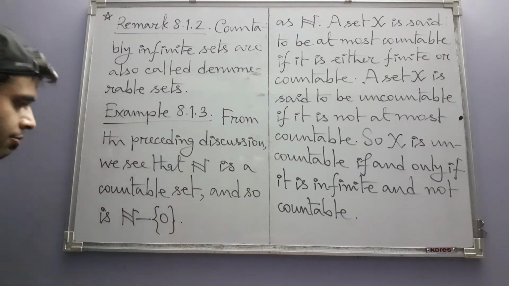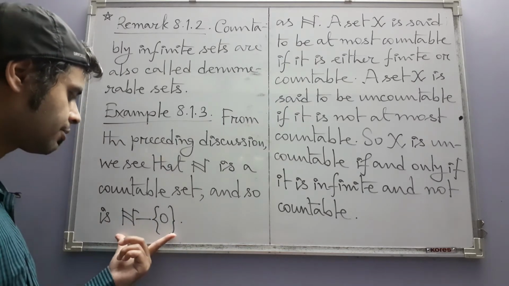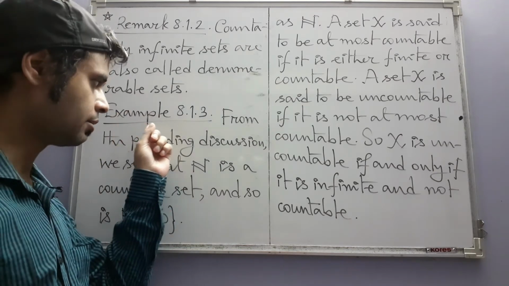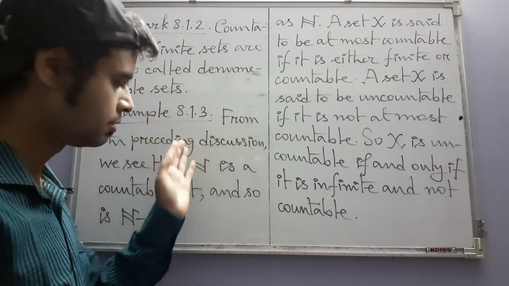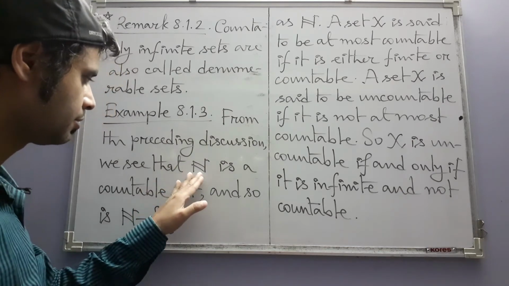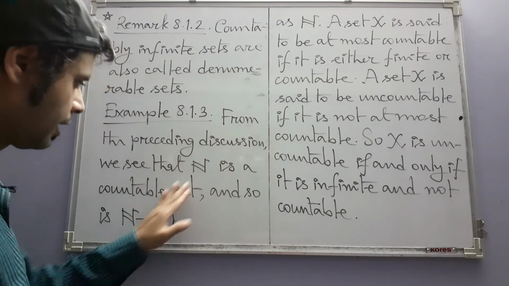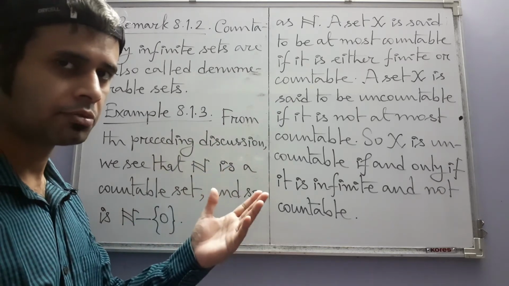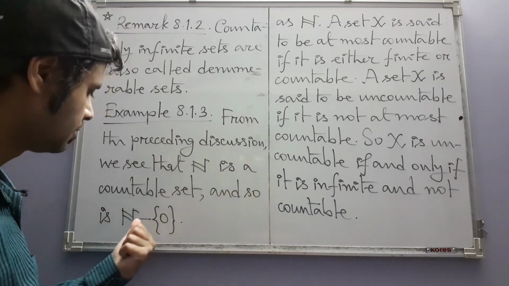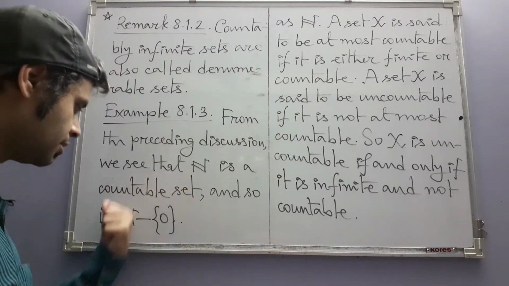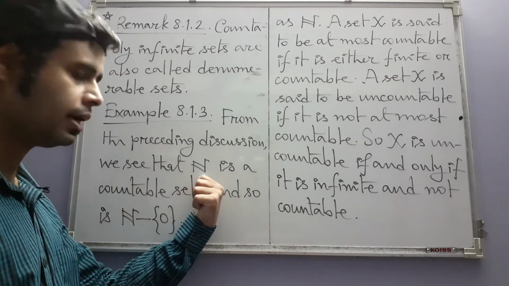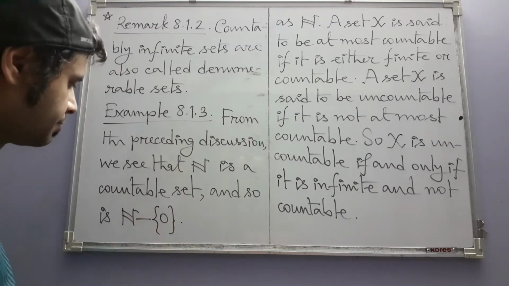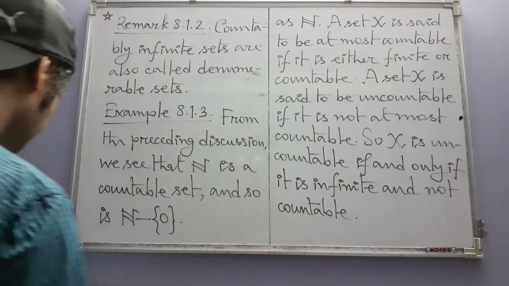Okay, but how? This is also countable, we are now saying. That's because we have already seen just now that there is a bijection between N and this. Now, by the definition that we have given for countability of sets, that means we have a bijection of this set with N, so that means this must also be countable or countably infinite, same thing.